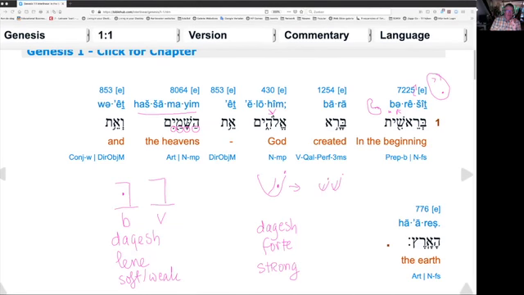And you see that over here because you see two shins. You see that? So it's not ha shamayim, it's hash shamayim. Because when you see this, maybe change my color. These little dots separate the syllables.